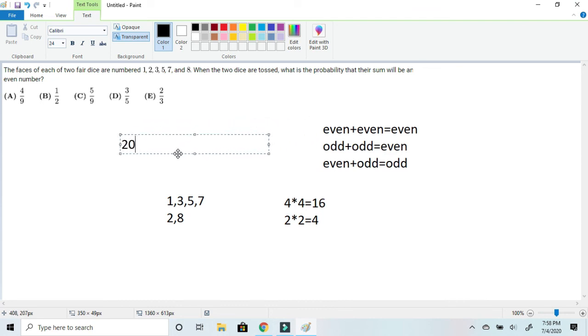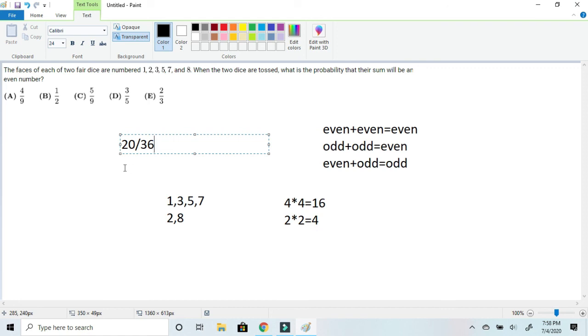And this one is just going to be easy, because since there are 6 numbers on one dice and 6 numbers on the other dice, when the dice for each of the faces are added up together, there will be 36 cases, because what we did previously for the 4 times 4, we just had 6 times 6. So 20 would be over 6 times 6, which is 36.